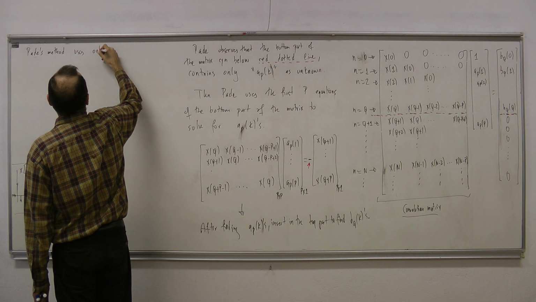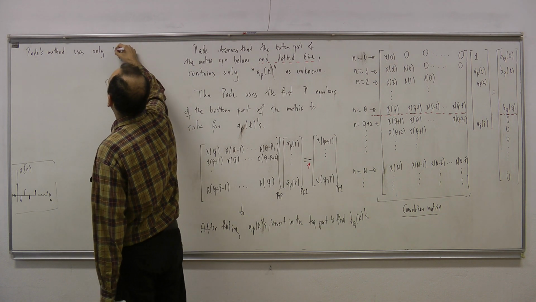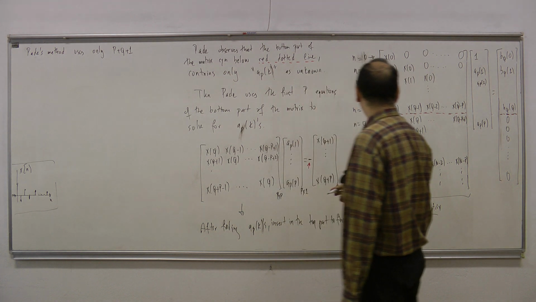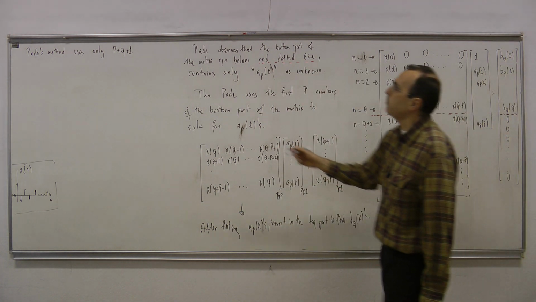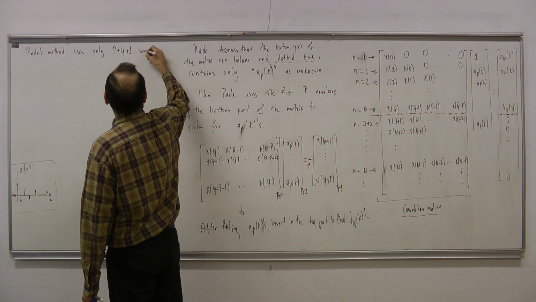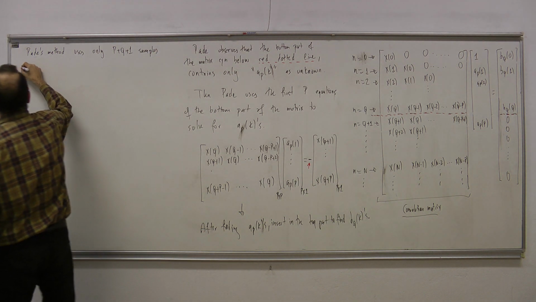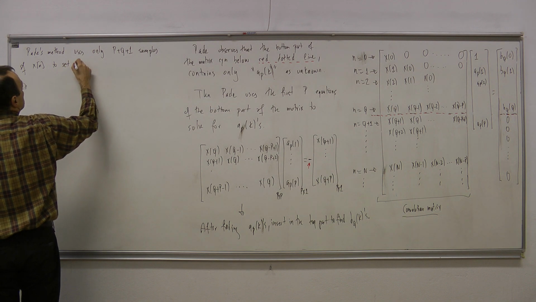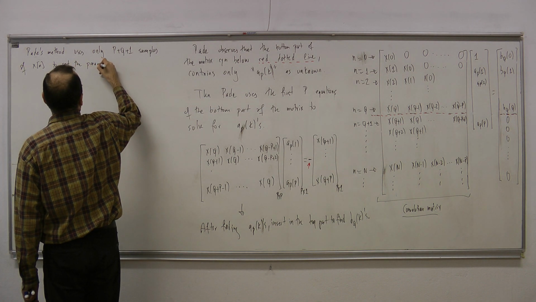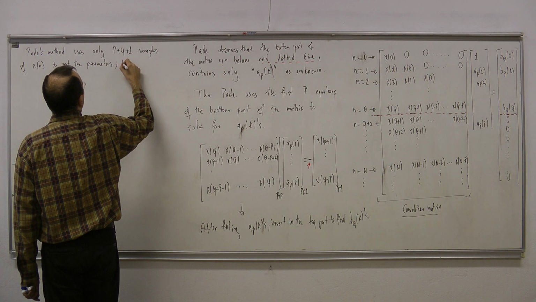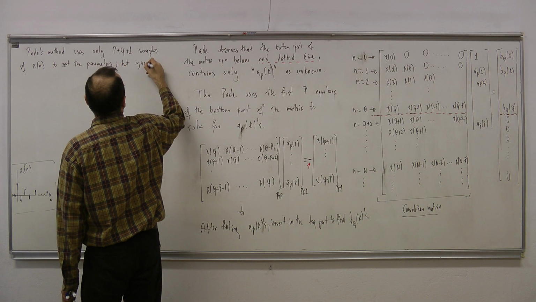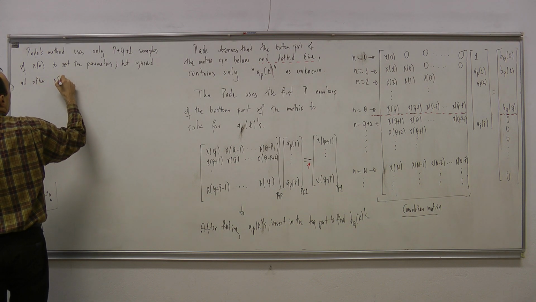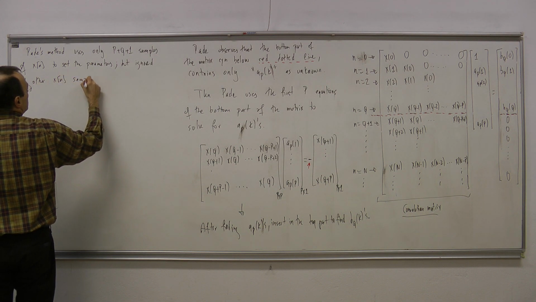As you see, Pade's method is only using P plus Q plus 1 samples of x[n] to set the parameters, but ignores all other x[n] samples.